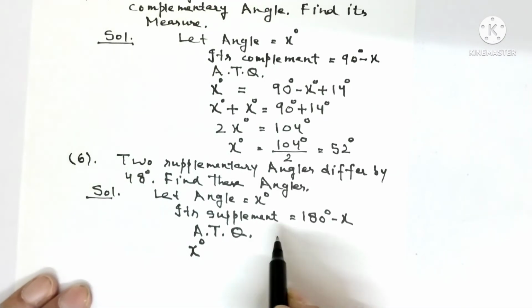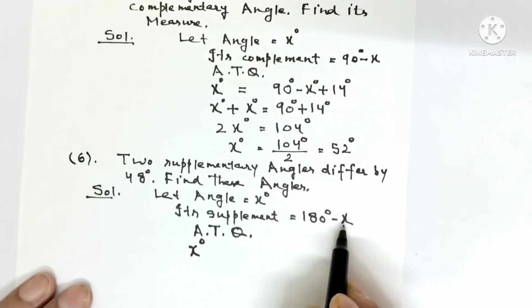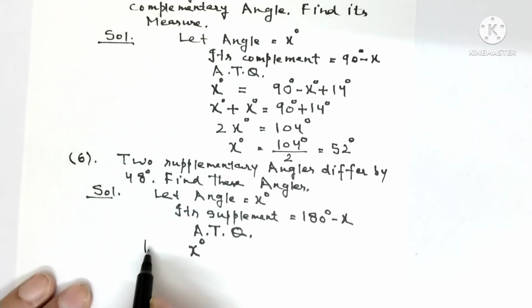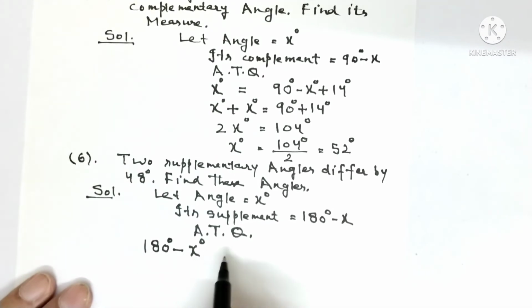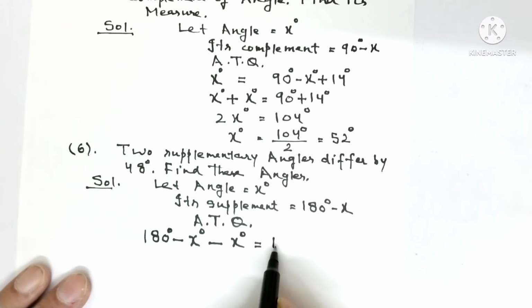So which will be the bigger angle? Suppose x is 40. So 180 minus 40 will be 140. So 180 degree minus x will be bigger. So from 180 degree minus x, what do you have to subtract? Minus x degree. And they differ by 48 degree.